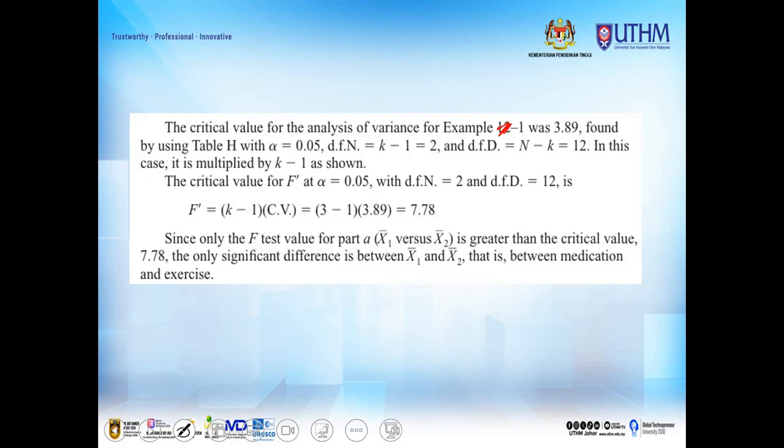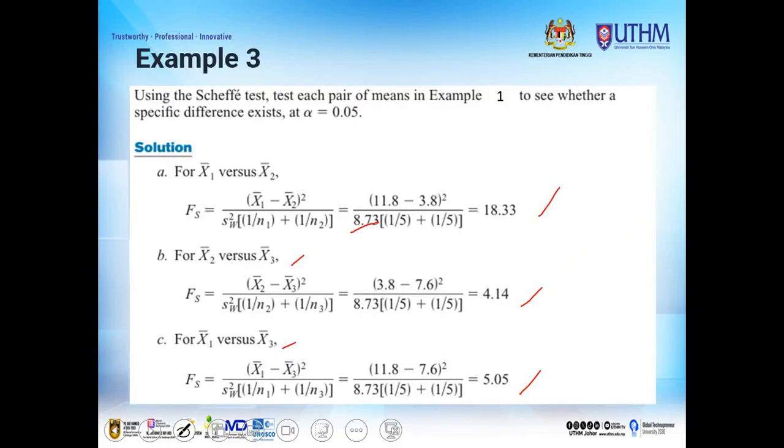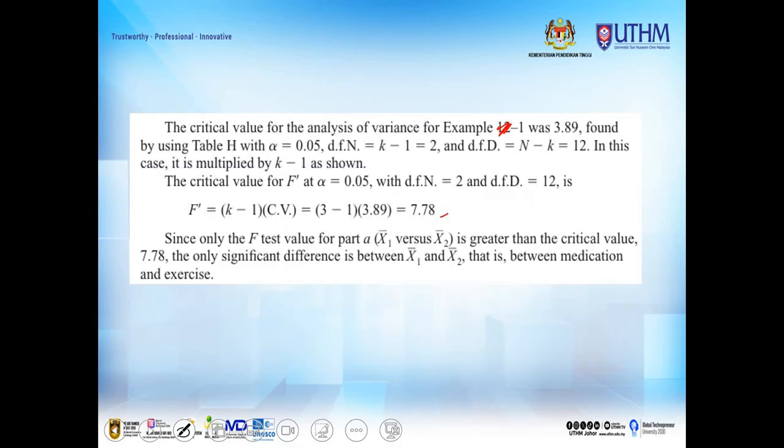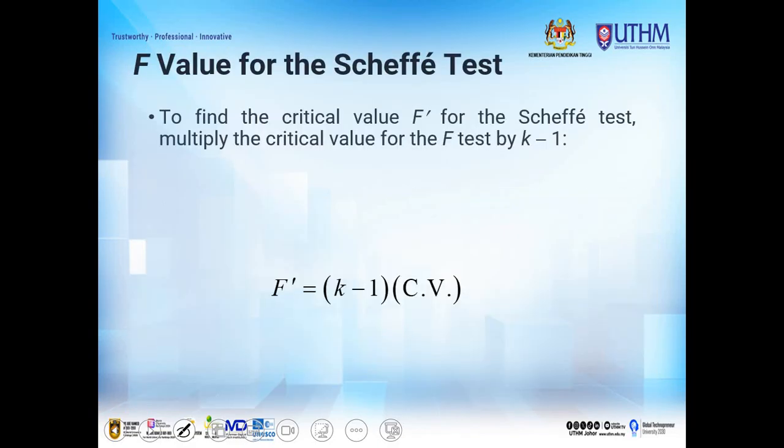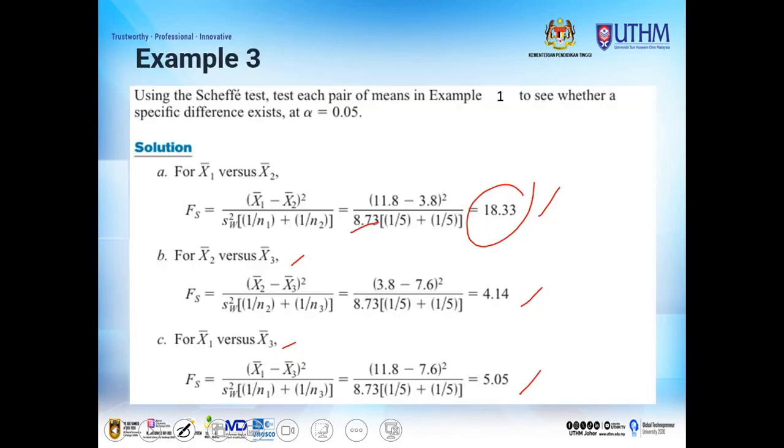Only the F test value for x1 versus x2, which is 18, is greater than the critical value 7.78. So the only significant difference is between x1 and x2, that is between medication and exercise. That is where the difference actually lies.